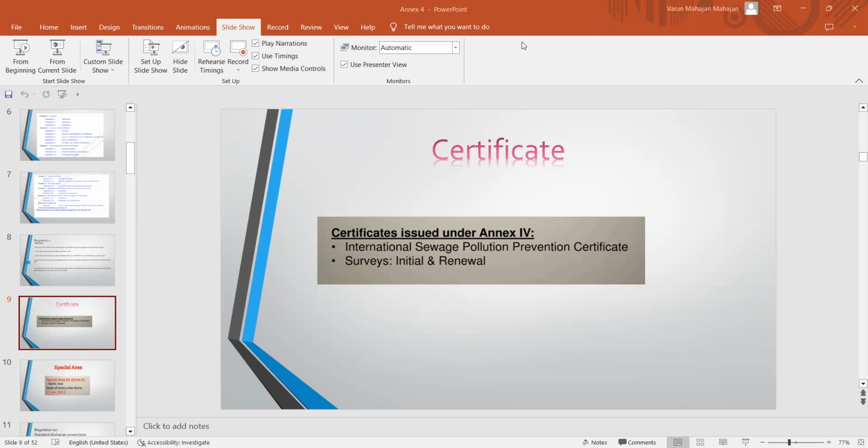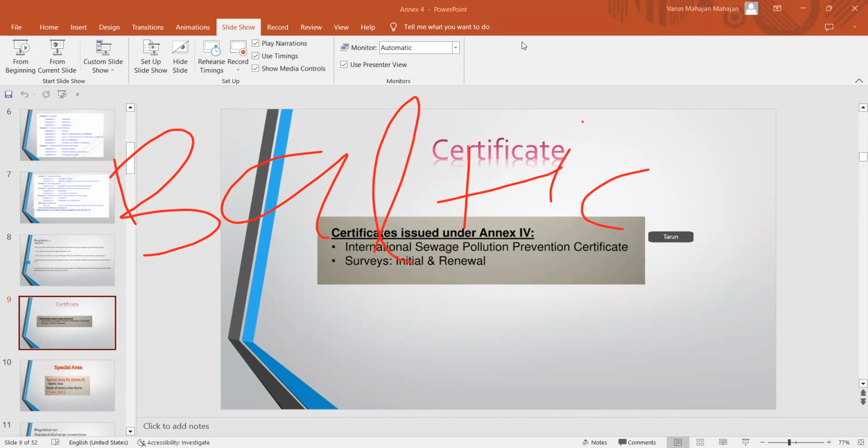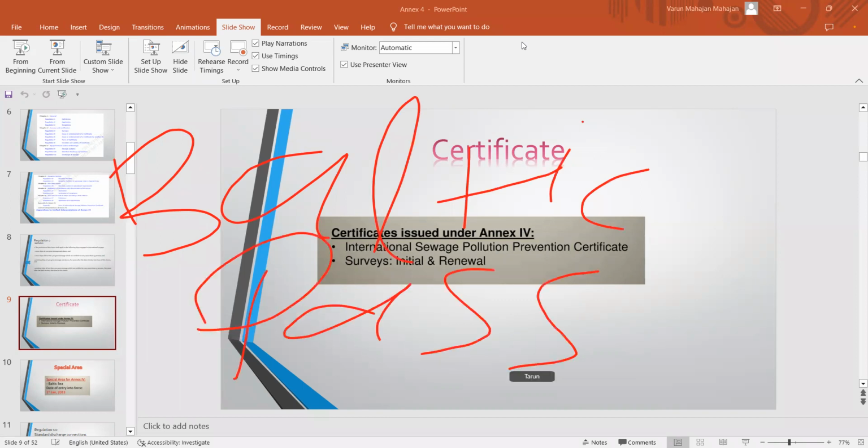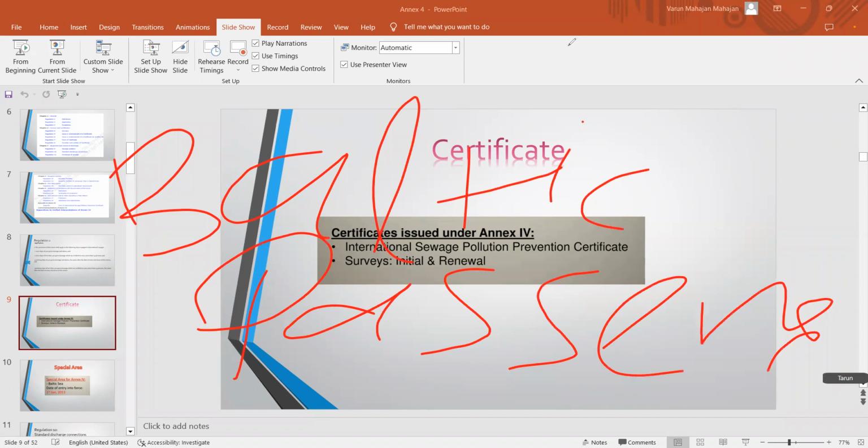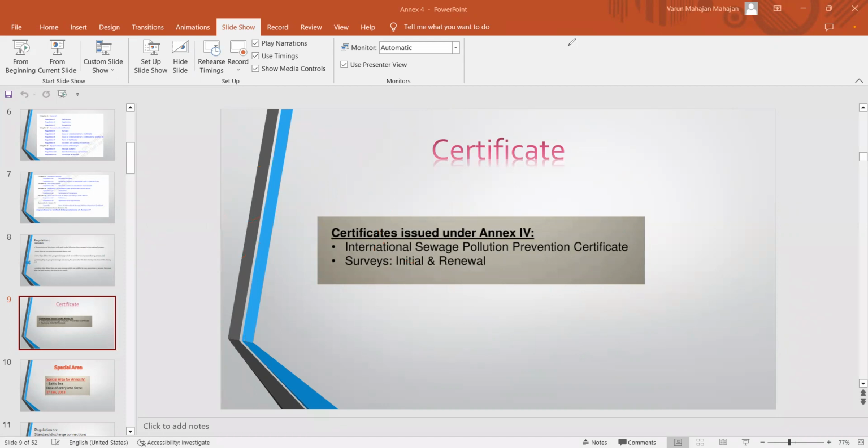I will not say you are wrong, but you are partially correct. And we cannot be partially correct in front of a surveyor. So Baltic Sea is the special area, but for passenger vessels only. Whenever the surveyor asks what the special area is, you should say the full answer rather than only Baltic Sea, because Baltic Sea is a special area only for passenger vessels.